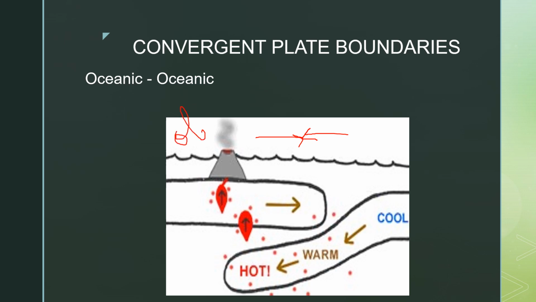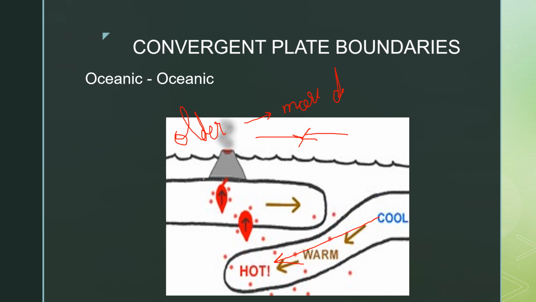So the older one would have more density, and the one with more density now starts to go down. Let's say this is older and has more density, so it will start to go down, but the one with a lesser density would be above.